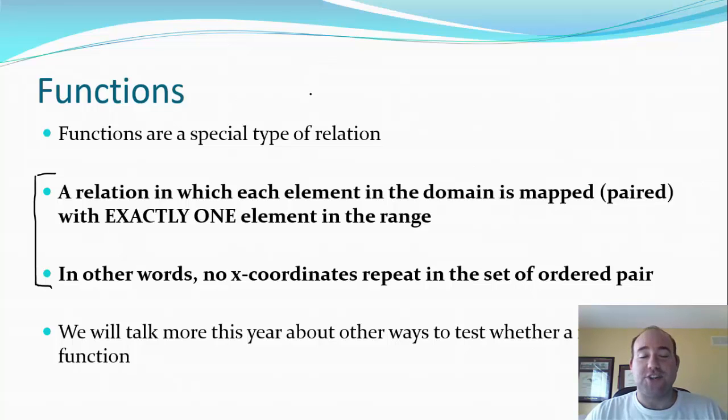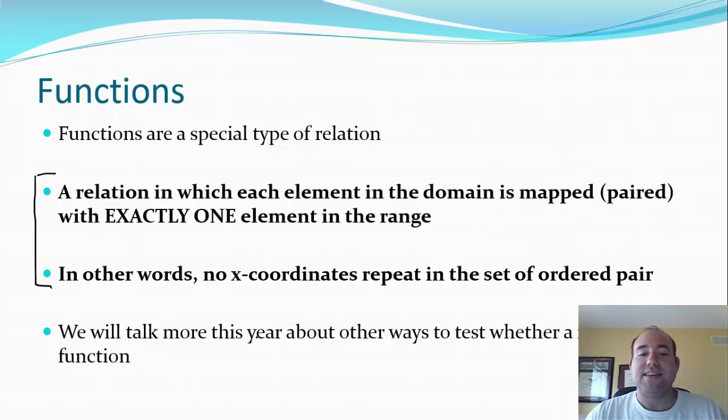All functions are relations, but not all relations are functions. Okay? They're special. Here's what makes a relation a function. What's in bold here that I want you to write down. It is where each element in the domain is mapped or paired. Mapped is the sophisticated algebra way of just saying the pair, with exactly one element in the range.